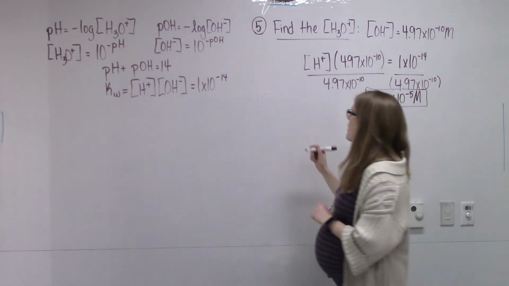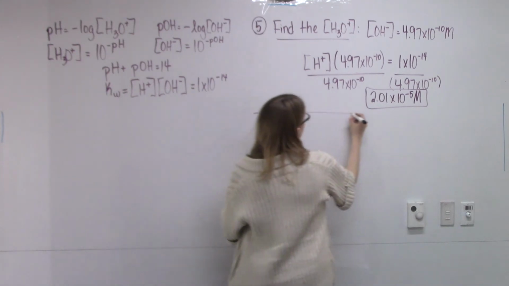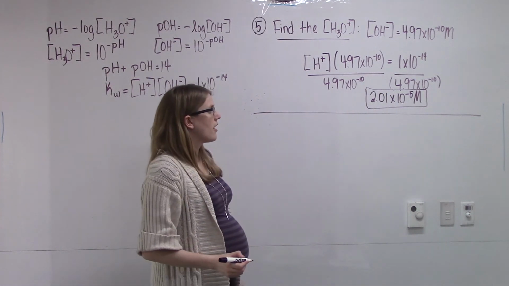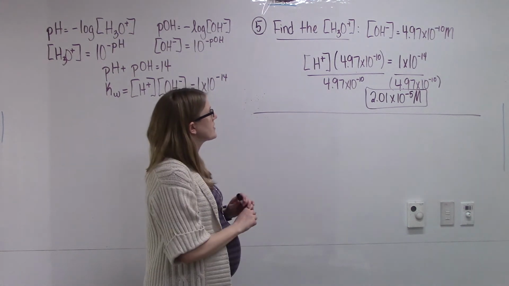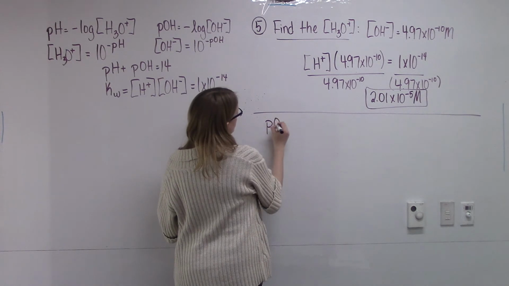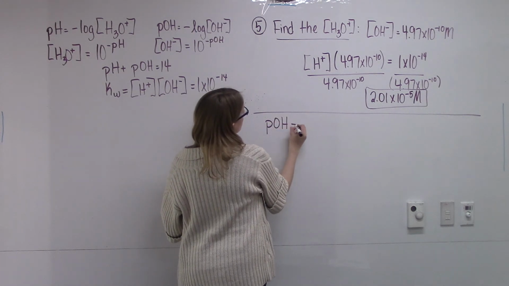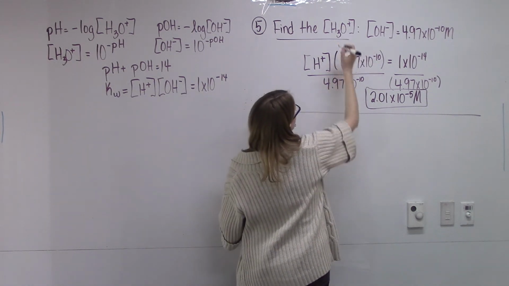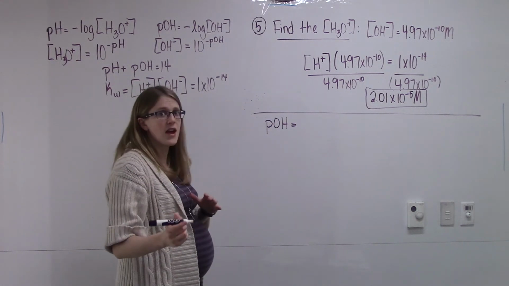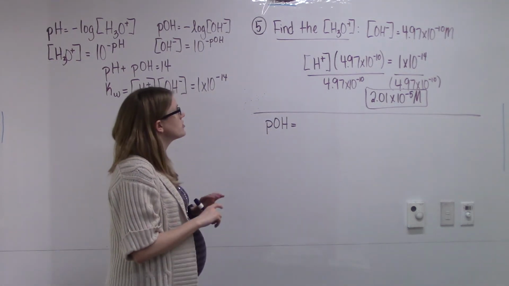So it's okay, whatever method you want to use, it's going to end up giving us the same, if not very similar answer. So first thing we got to do is find the pOH, because we can't directly go from OH minus to H3O plus unless we use this formula. We've got to get to pOH, then pH, then H plus. So those are two ways you can do it.